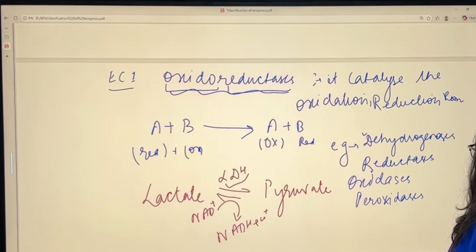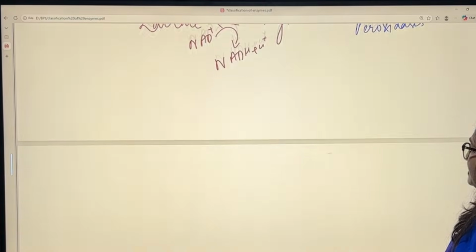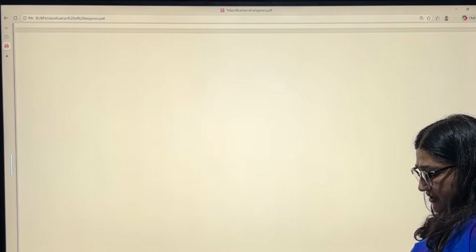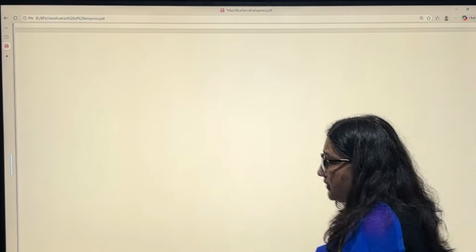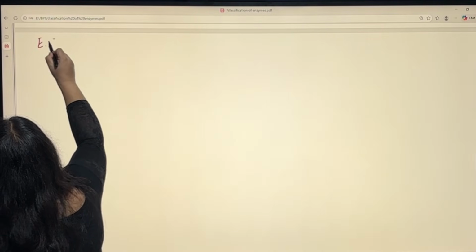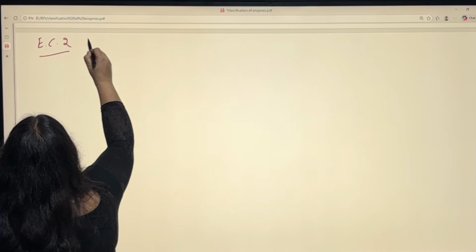Which was the second class? We were talking about OTHLILT. The second class was transferases, Enzyme Commission number 2.